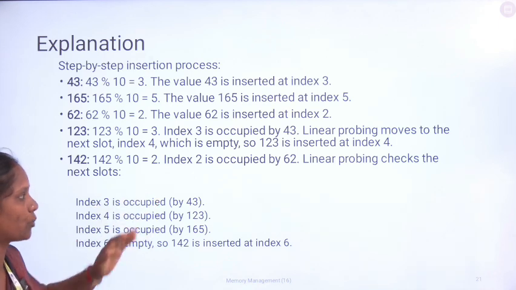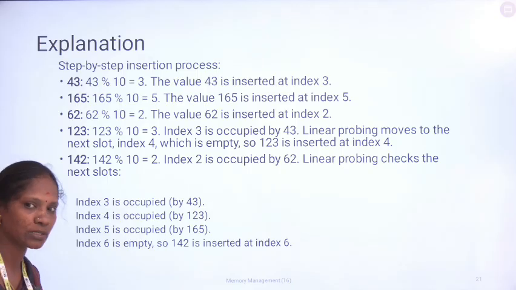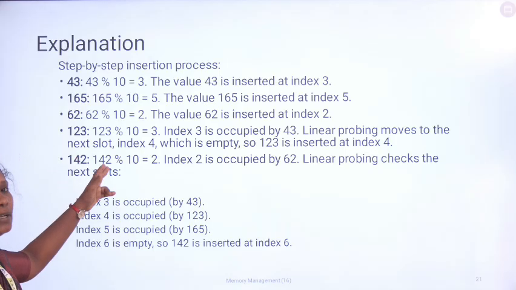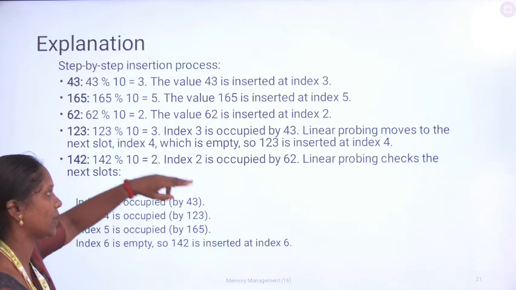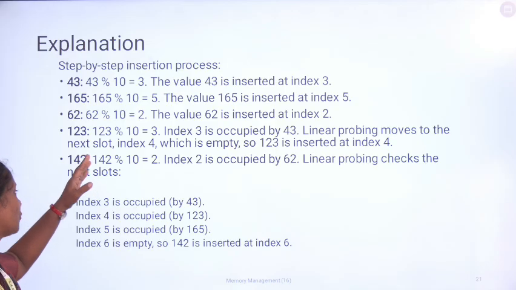Linear probing moves to the next slot, slot 1, slot 2, slot 3. Here, since there is no free location at index 3, we take linear probing, which gives index 4.